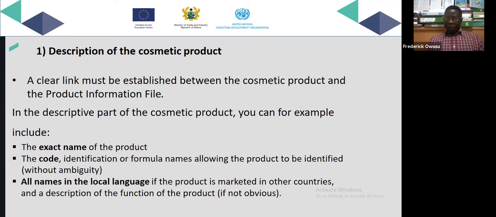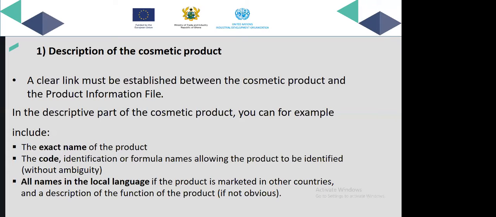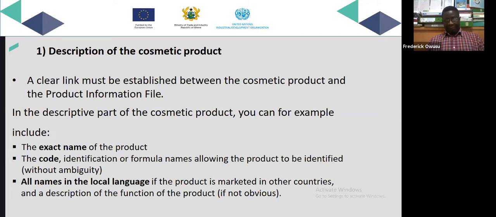The descriptive part of the cosmetic product, for instance, you can say the exact name of the product, just like what I've mentioned. You give it a code, the identification or a formula name, allowing the product to be identified without ambiguity.